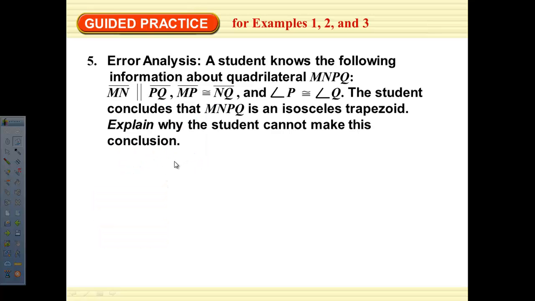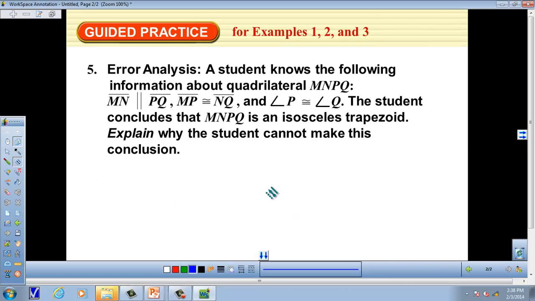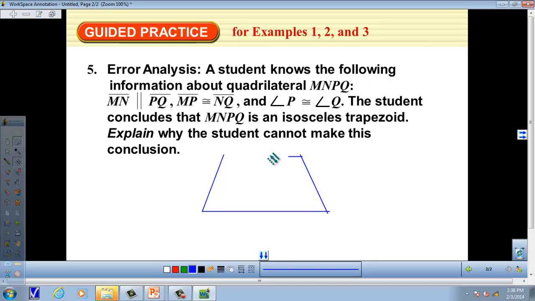And here's another one. Probably the best thing to do is draw a picture if you're given the information. You can draw it so that it looks like it or doesn't look like it, but the information given to us, we'll just draw it like that for now because he's assuming it's isosceles. We want to see if there's enough information. So we know MN and PQ are parallel, which makes it a trapezoid.